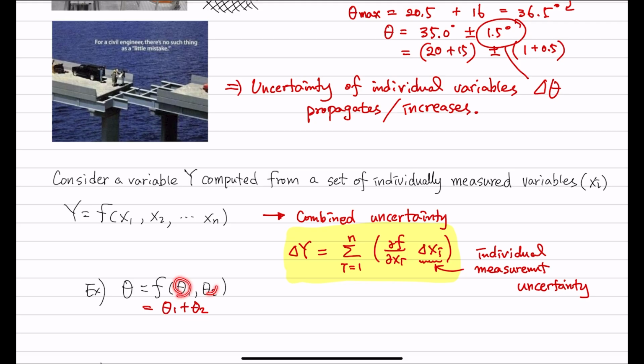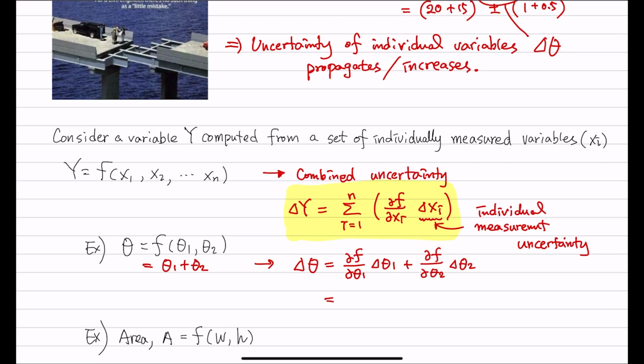So we have two variables, and the relationship between them was that function, which in this case just adds the two. From here, to get the combined uncertainty of theta, we have to get the partial derivative of your f with respect to the first variable times the uncertainty of the first variable, plus the partial derivative with respect to the second variable times the second variable uncertainty.